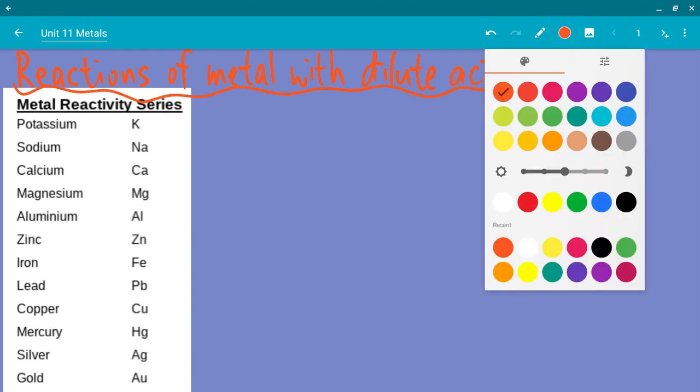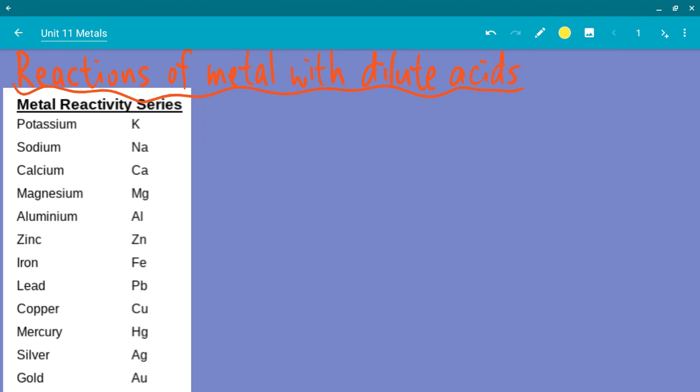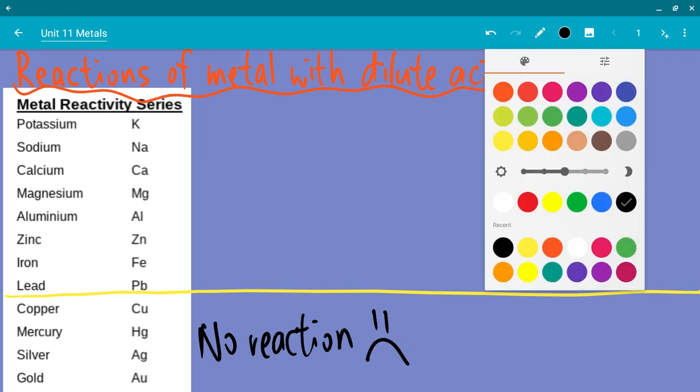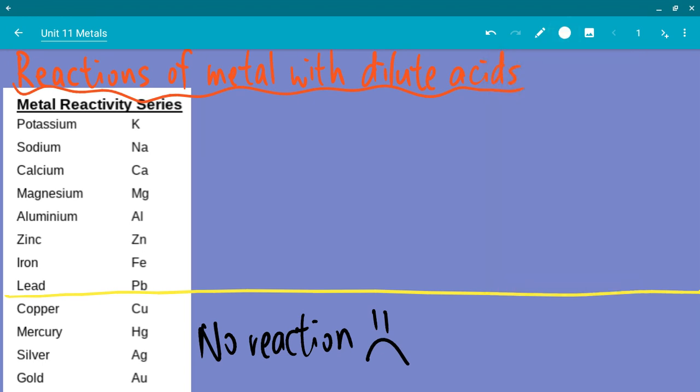First off, let us draw a line to separate the metals, right above copper. Okay, you may guess why already. The ones that are down below over here have no reaction when they react with dilute acids. And the ones that are above react with both hydrochloric acid and sulfuric acid.